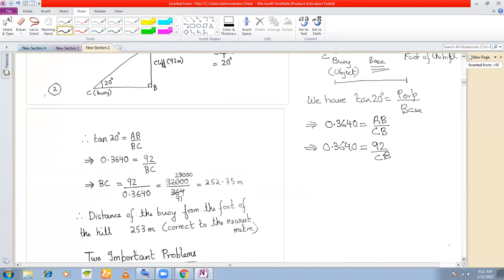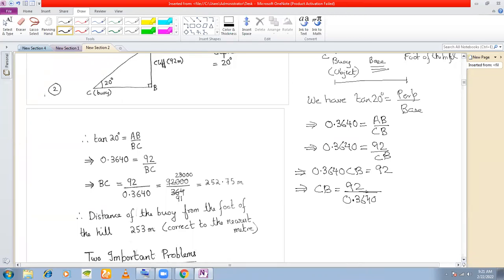So therefore, you cross multiply: 0.3640 times CB is equal to 92. That means CB here is 92 divided by 0.3640. Now, how do you calculate this, right? You simplify this, remove the decimal from the denominator and divide directly.